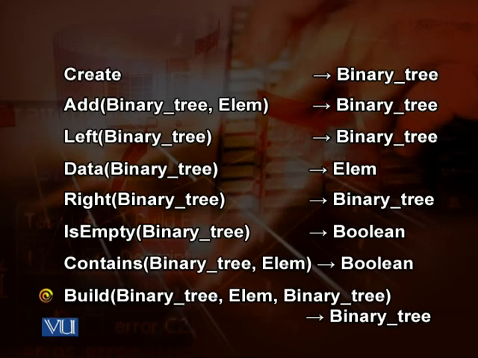it joins these two together, and then I give an element that is greater than all the elements in the left subtree and smaller than all the elements in the right subtree. So I am building this tree by creating a new node with this element, where the first argument is the left subtree of the new tree, and the third argument is the right subtree of the new tree. So this is what my build operation is.